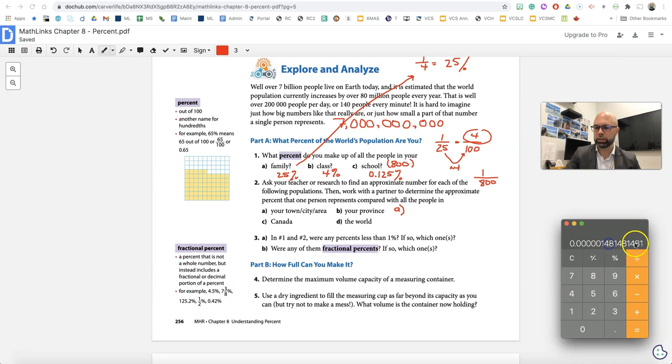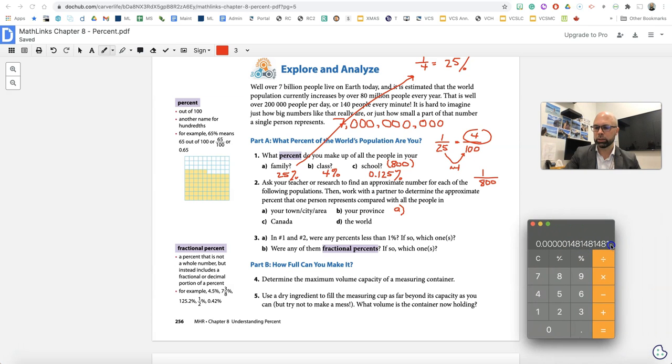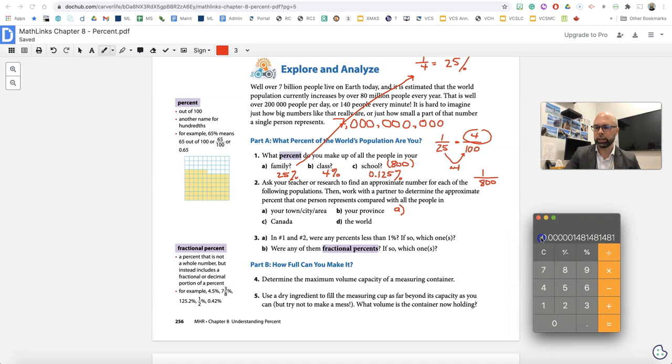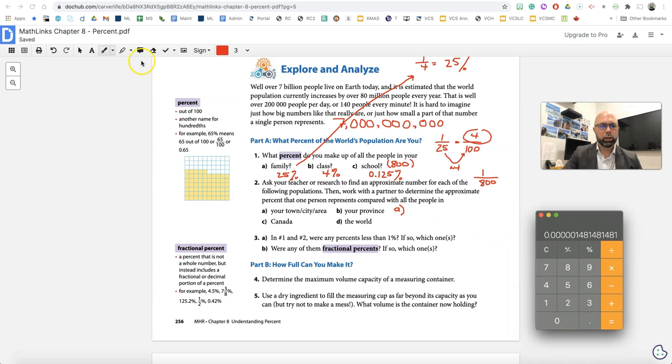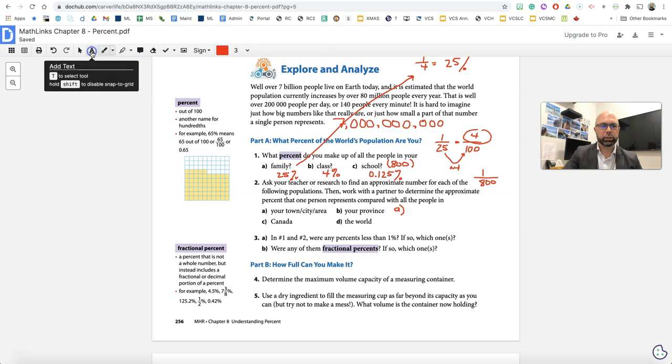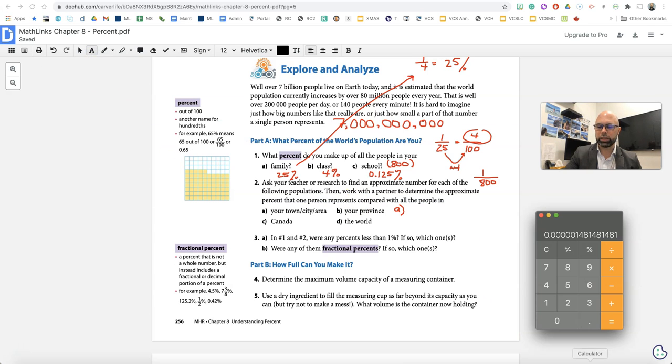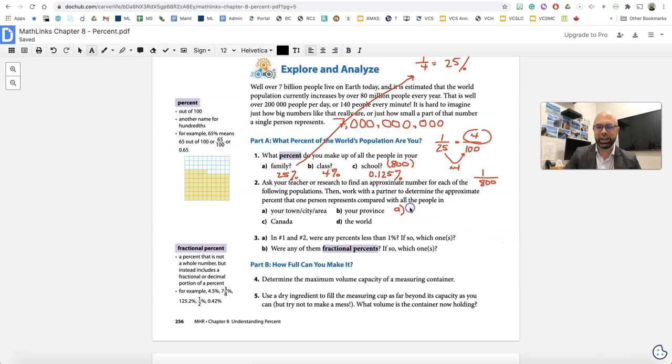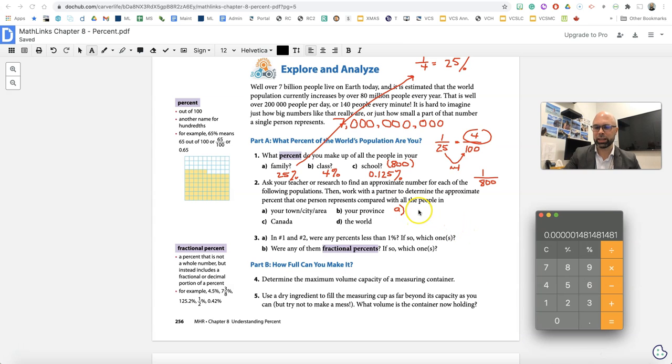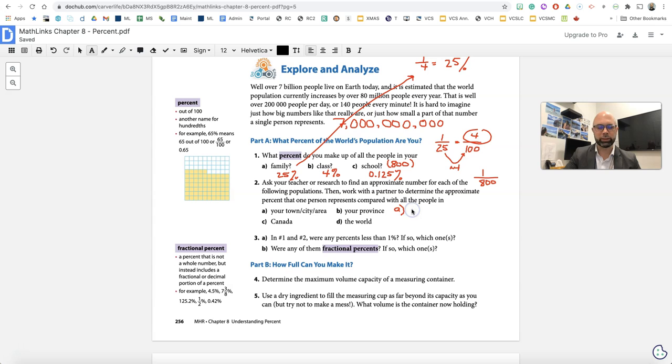Can I copy and paste this number? Doesn't look like I can. Difficult. It's always so good for me to see the problems that I'm assigning. Won't the calculator stay there? Maybe not. Even more difficult.